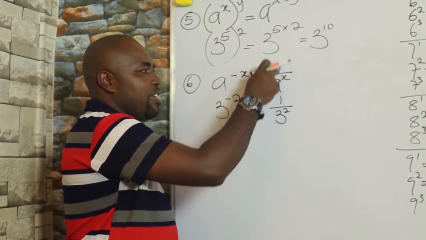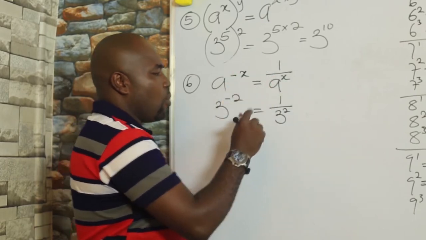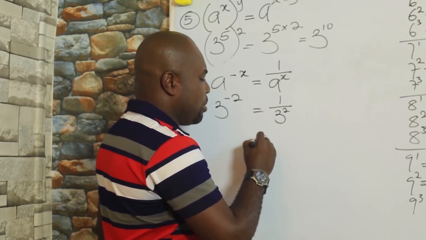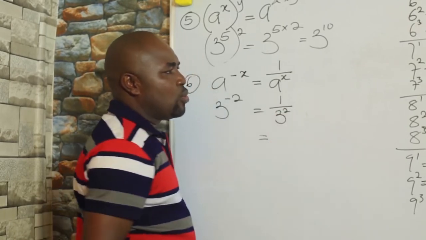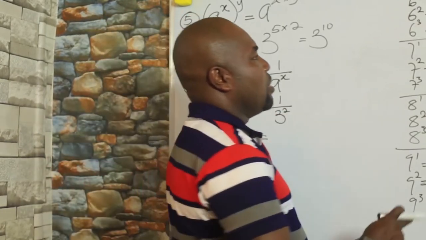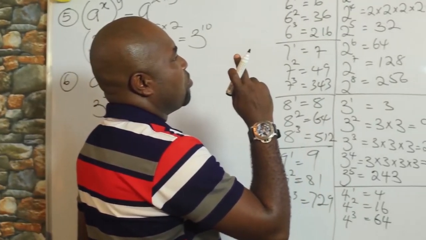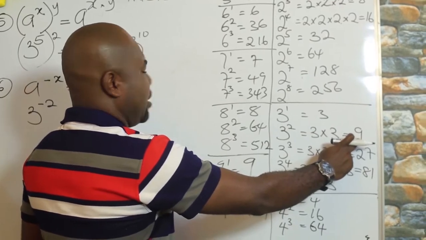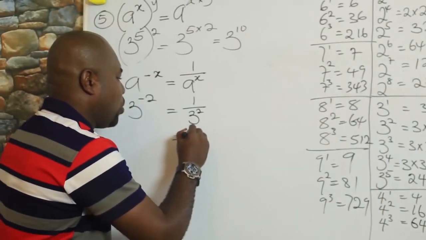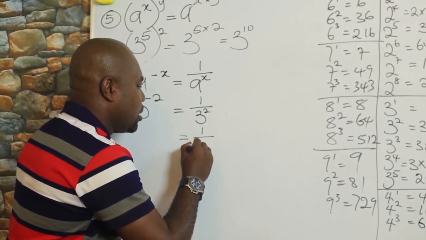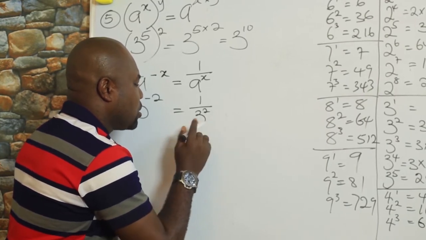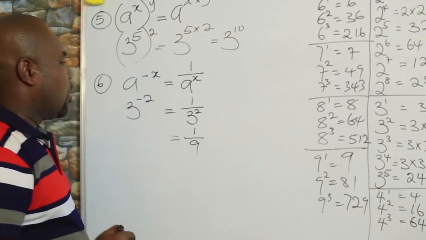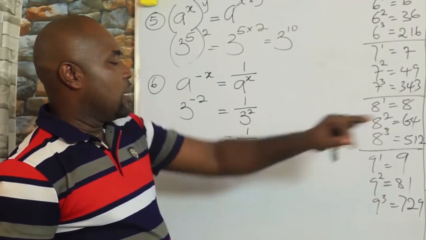So this is the inverse here. So this is 1 over 3 raised to power 2. Now look here. What is 3 raised to power 2? 3 raised to power 2 is 9. Therefore, this will be 1 over 9, because 3 raised to power 2 is 9.